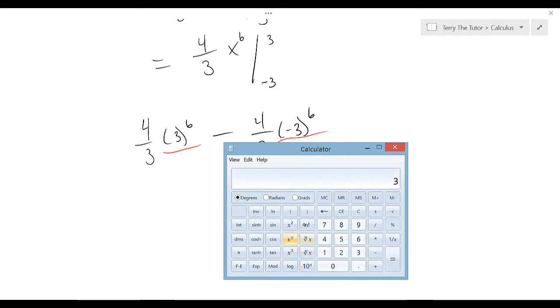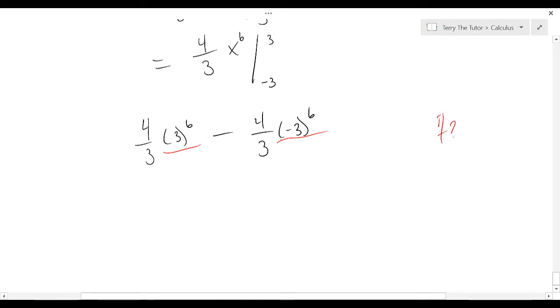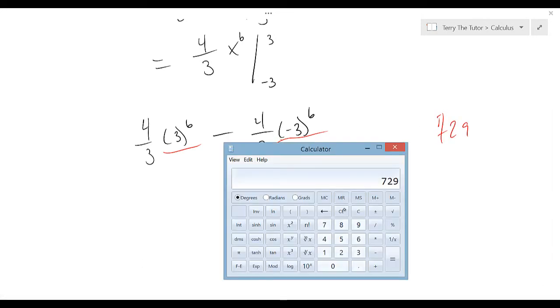To the power of 6. Nope, that's 36. 3 to the power of 6. Okay, 729. Now let's try -3 to the power of 6. 729. They're the exact same.